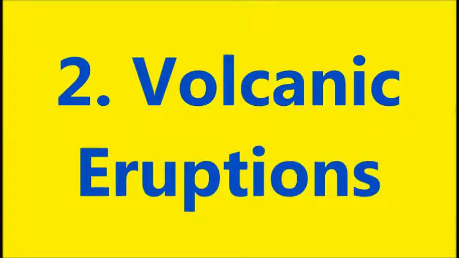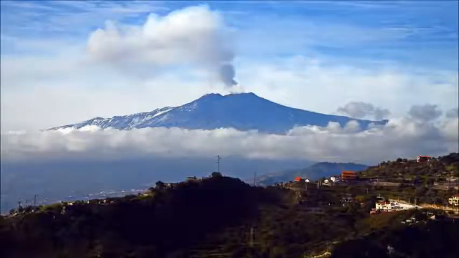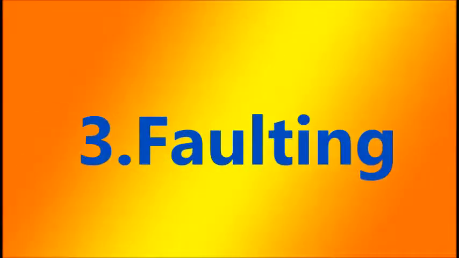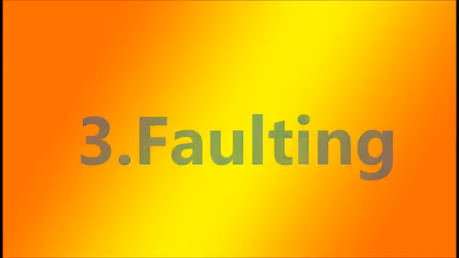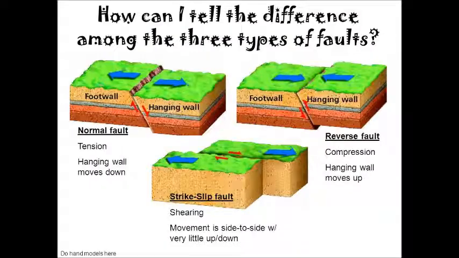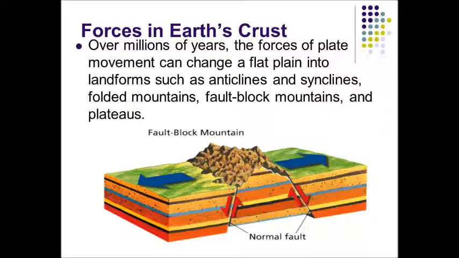Volcanic eruption. Volcanic eruptions lead to earthquakes. Volcanic earthquakes are caused by gas explosions. Faulting. A fault consists of a fracture in the rock along which a great deal of displacement takes place. Earthquakes occur when movement of plates takes place along a line of fracture.